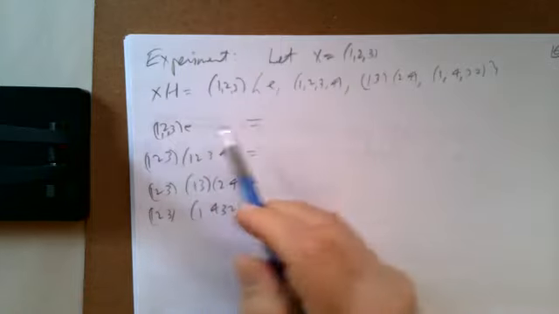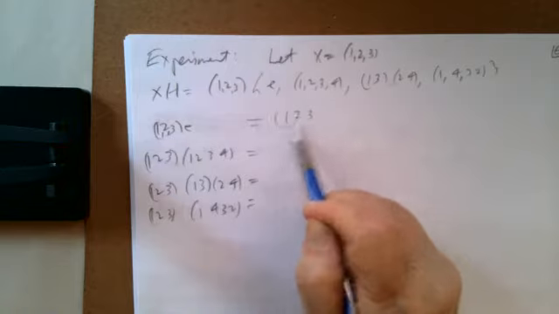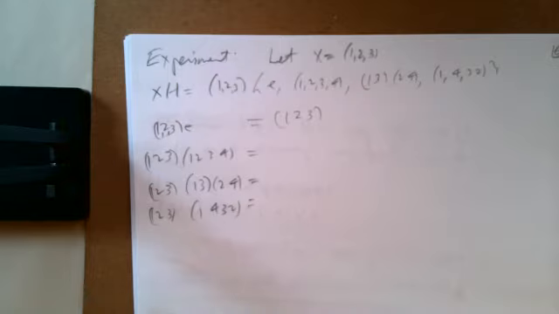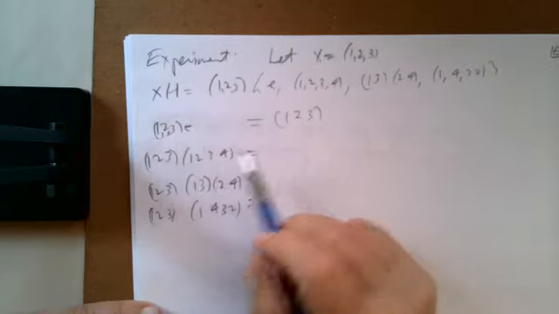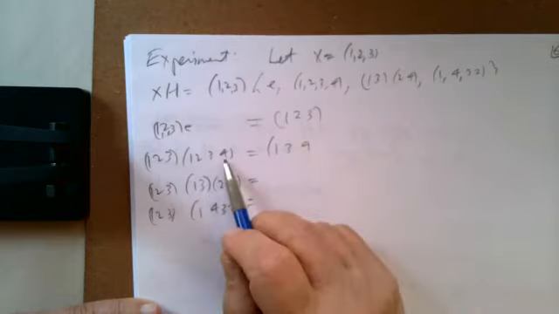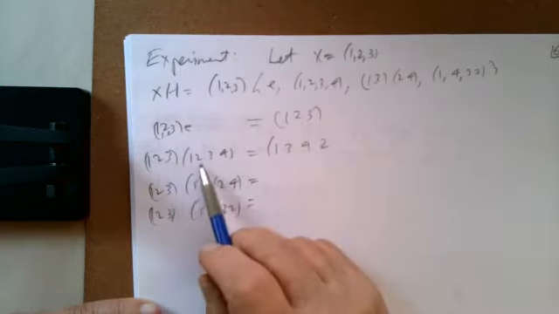Of course, when you multiply a permutation by the identity, it's just the same permutation. What about (1 2 3) times (1 2 3 4)? You should try to calculate all three of these, and then I'll do it, because you have to be able to do this basic multiplication. For example, this sends 1 to 2 to 3, 3 to 4, 4 to 1 to 2, and 2 to 3 to 1.